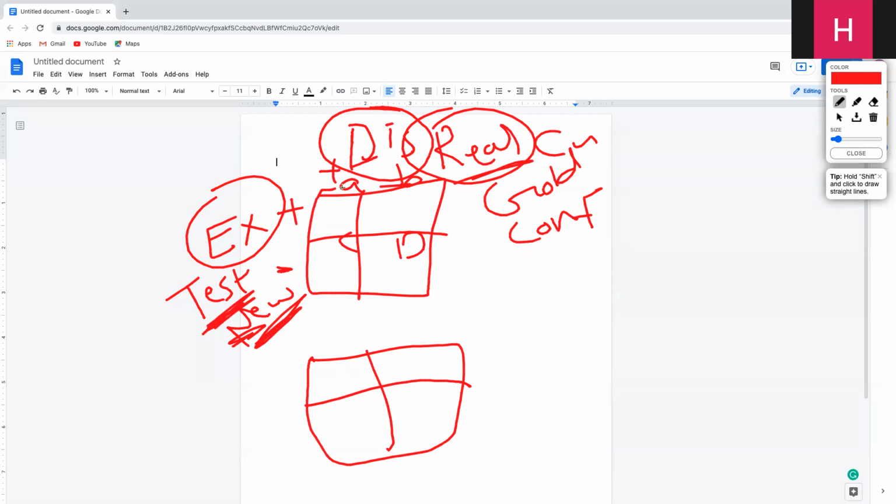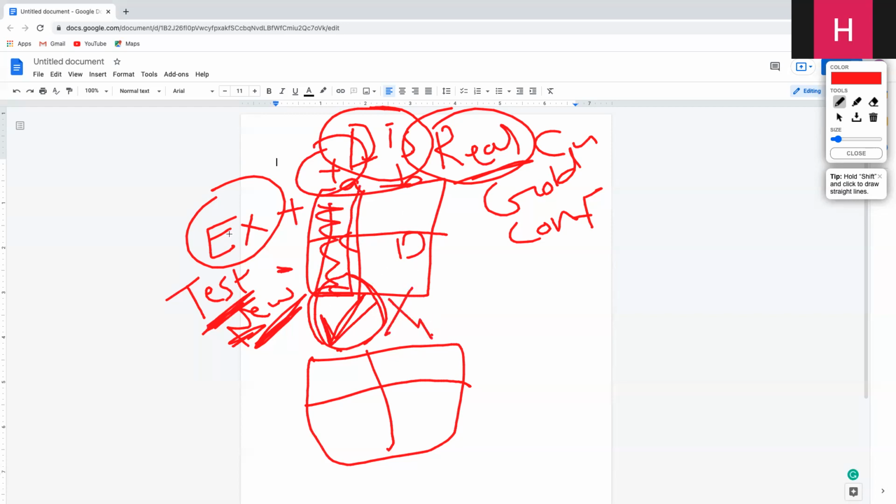And then simply, what does the total of this column represent? It represents the disease status. So all these people in this column, they do have the disease. All these people in this column, they don't have the disease.